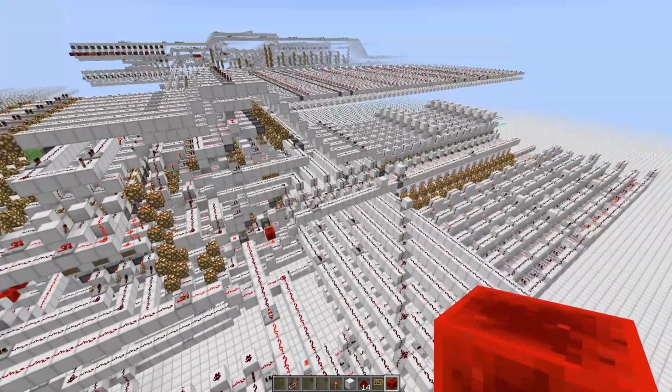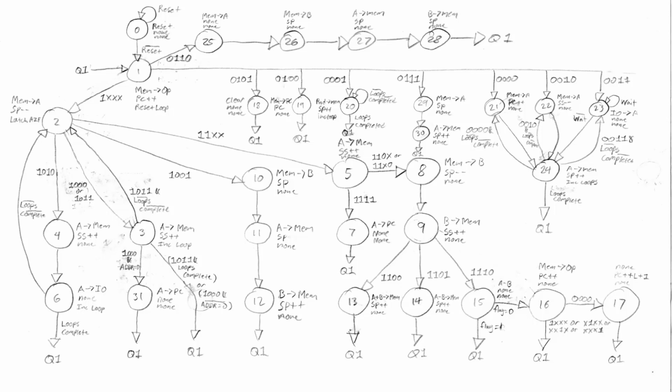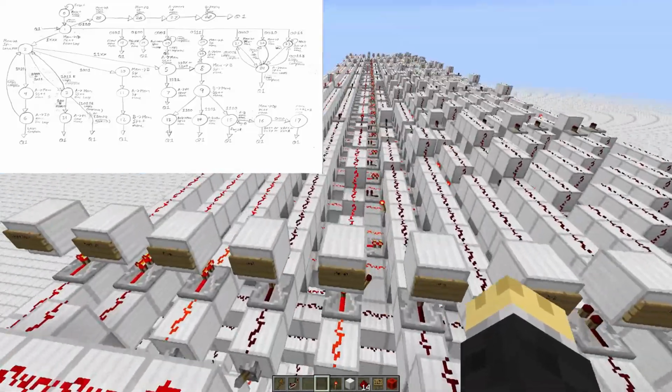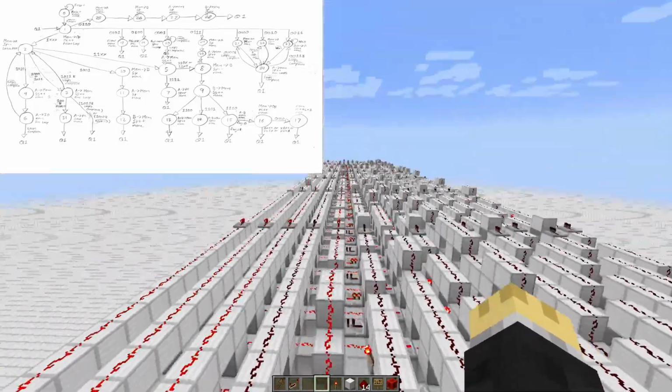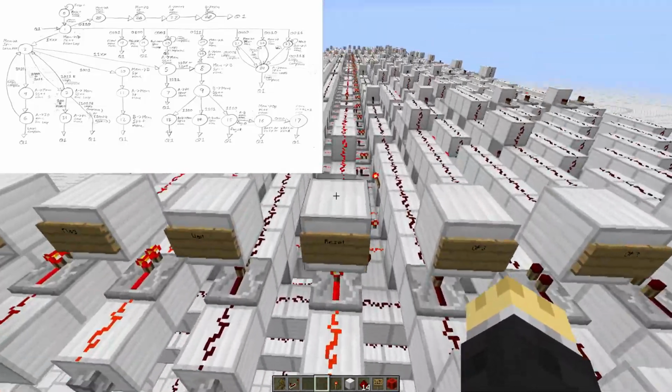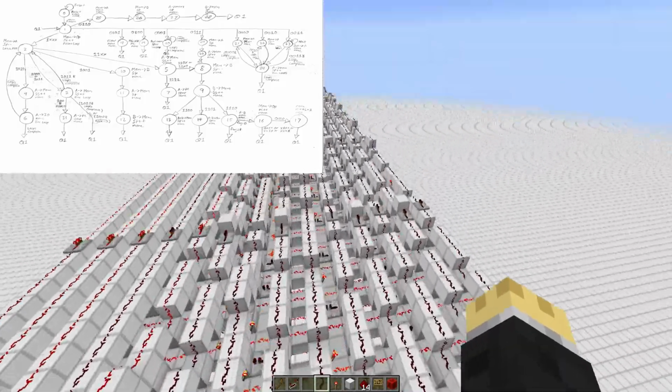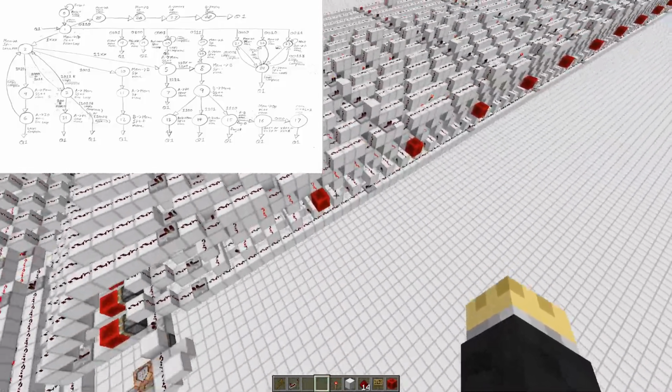So let's do that. First things first, the initial state of the state machine is 0, and that's not determined by anything. Basically, every single line looks at the reset bit and is looking for this reset bit to be off. So if it's on, none of these lines are going to output.